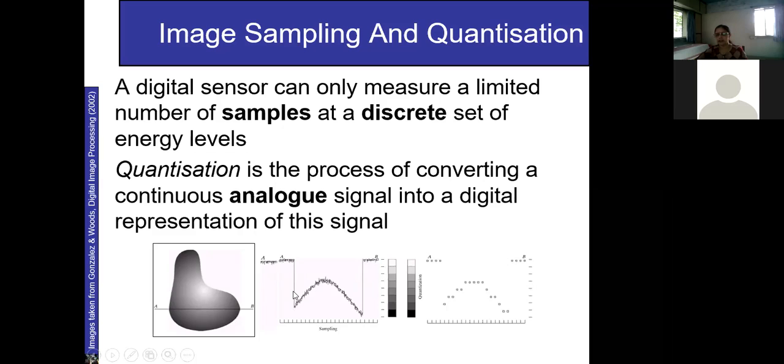So instead of considering all amplitude levels, now we are simply considering, as shown here, 8 amplitude levels: 1, 2, 3, 4, 5, 6, 7, 8, which are equivalent to 8 gray shades. According to these 8 gray shades, we are observing different discrete amplitude values, and this is nothing but quantization.